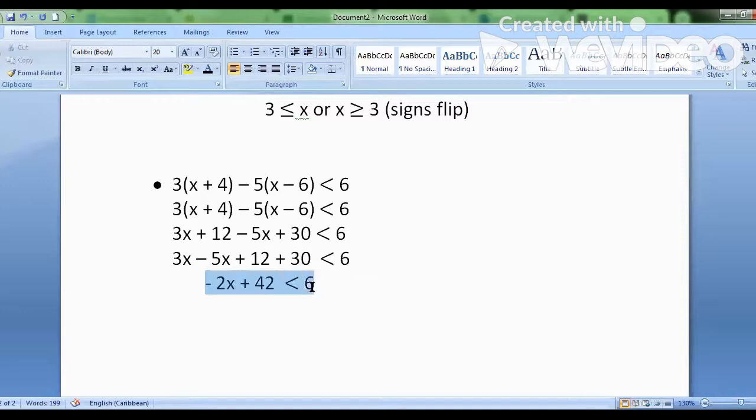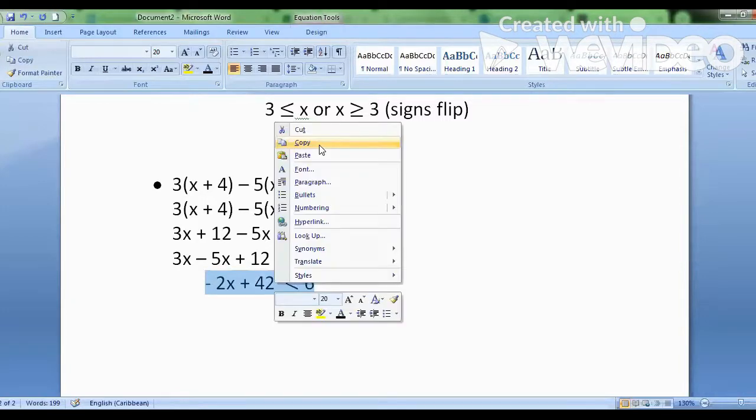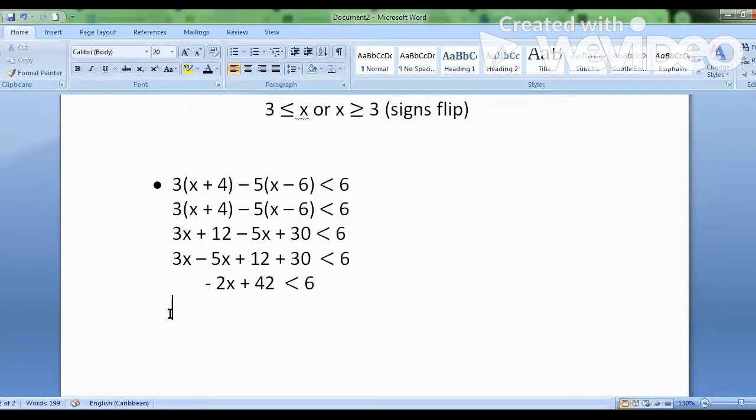So it's negative 2x plus 42, minus 42 is less than 6 minus 42.